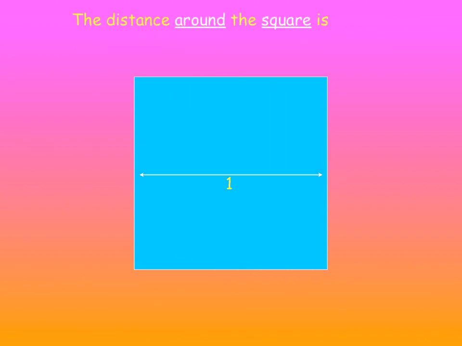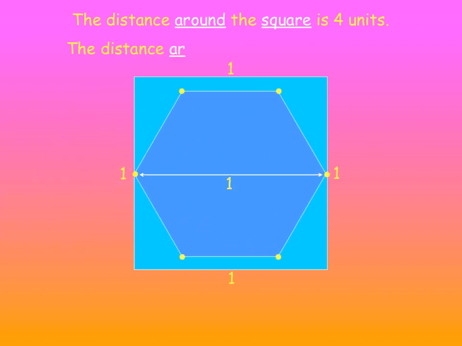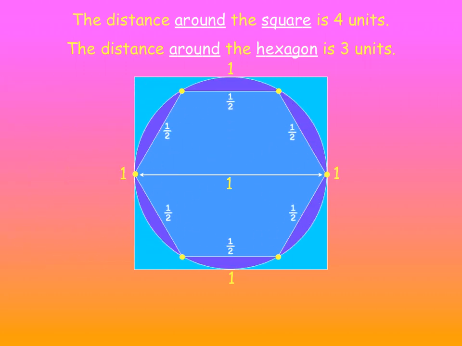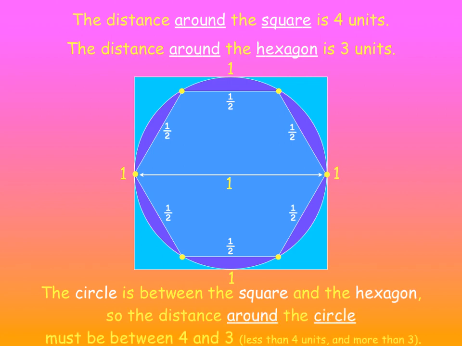The distance around the square is 4 units. The distance around the regular hexagon is 3 units. The circle is between the square and the hexagon, so the distance around the circle must be between 4 and 3, less than 4 units, but more than 3.